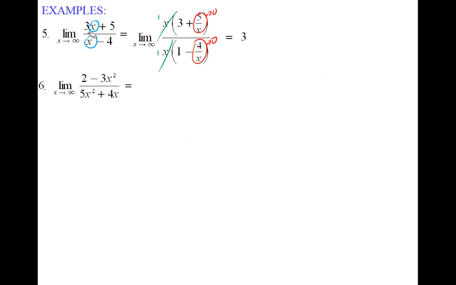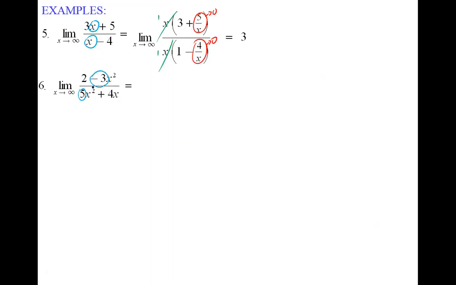Okay, what about this one? Do you think you can give me the answer? Oh, we have to be careful, Adam. Almost correct. What is the leading coefficient on the top? I'm happy with 5, yes, negative 5.